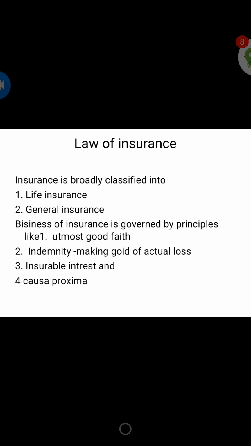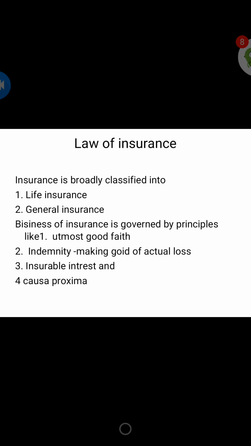Why is general insurance called a contract of indemnity and life insurance a contract of compensation? I'll give you one example. ABC is a person who loses his life. He has a life insurance, and his family members or the nominee is going to claim the life insurance.